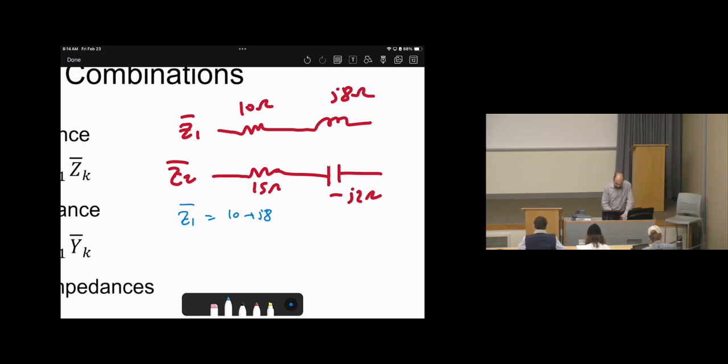Then the next thing, Z2 bar, we will make them in series. So 15 and negative J2 are in series because they share the same current. So it will be 15 minus J2 ohms, and of course, the unit is ohms for both. Now the concern: okay, I grouped them. Now what should I put as the symbol? Should I put a resistor or inductor or what?